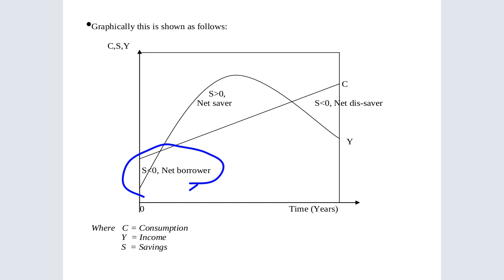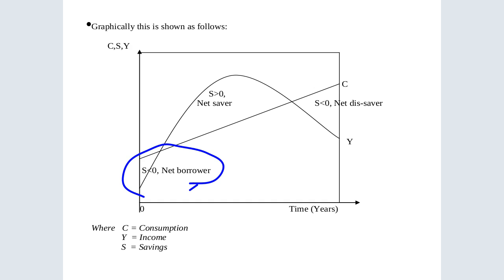The consumption function is above the income function. You can see the consumption curve. So at this level, consumption is greater than the income, which means this person is borrowing to consume. The second part is where the income is above the consumption curve.